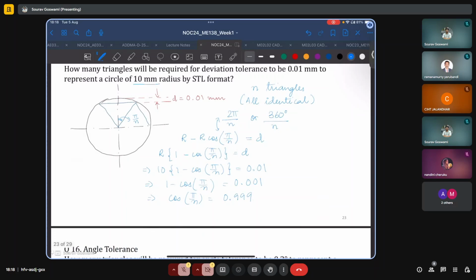This will give us a value for n. So, pi by n is equal to cos inverse of 0.999, and from here we can find the value for n.